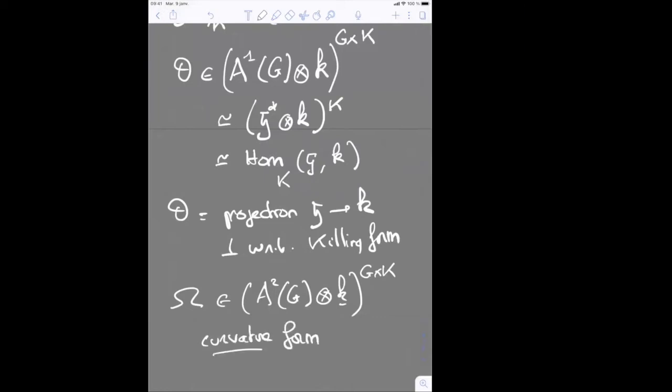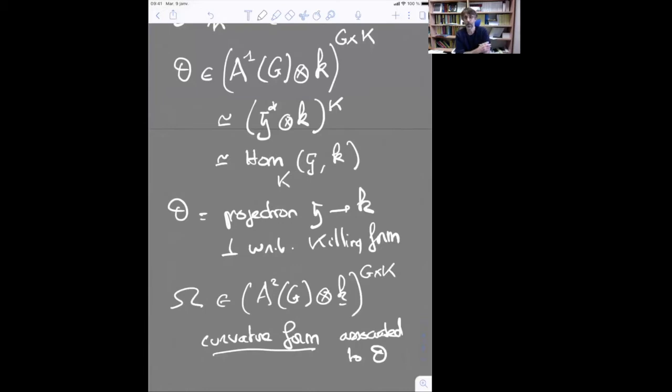Every connection has a curvature form, but here it doesn't vanish.